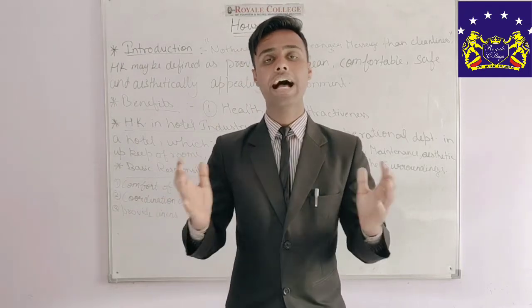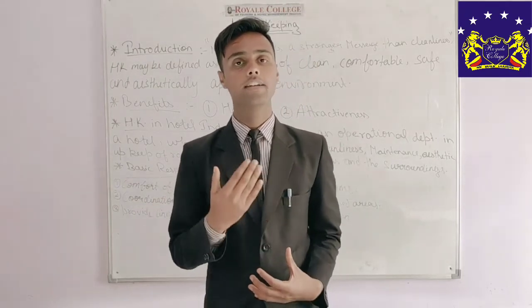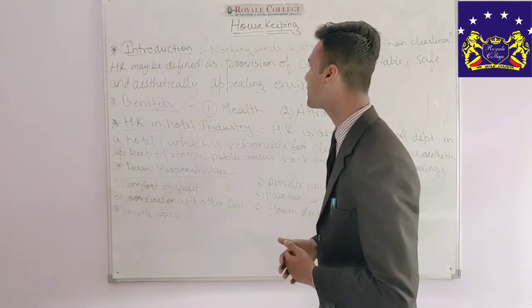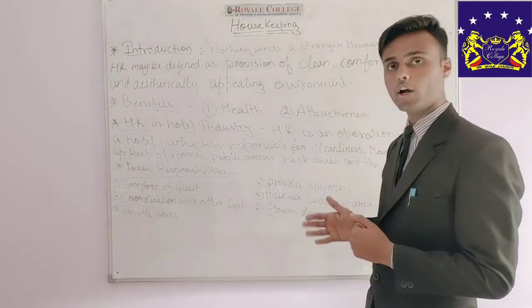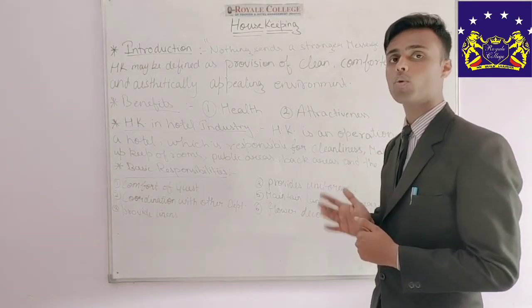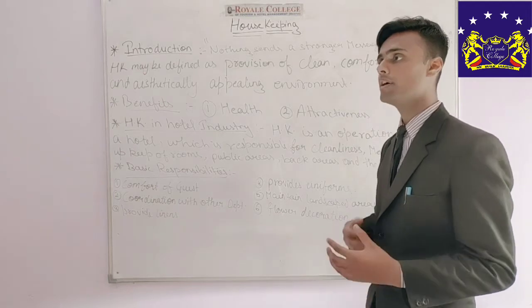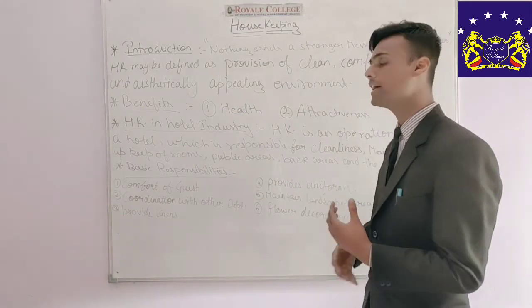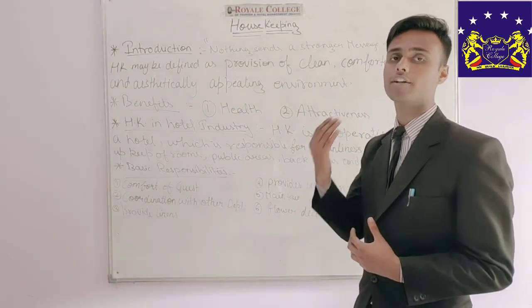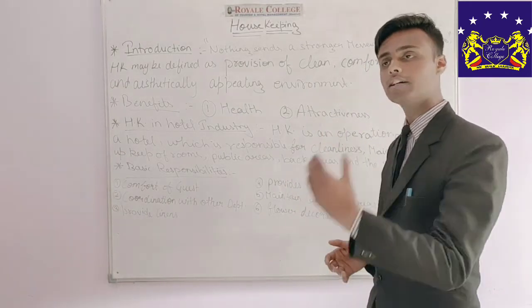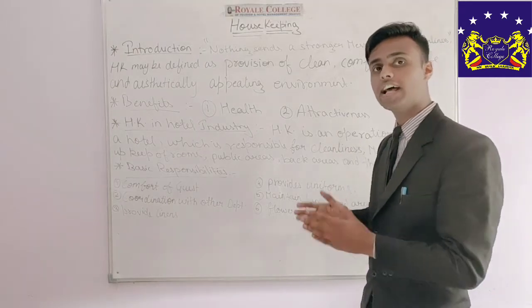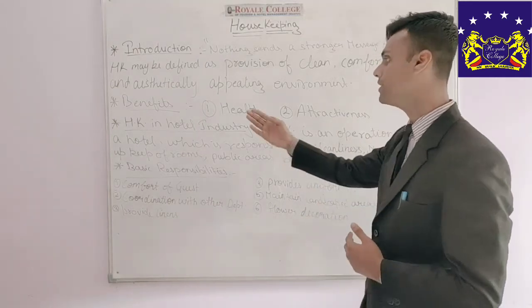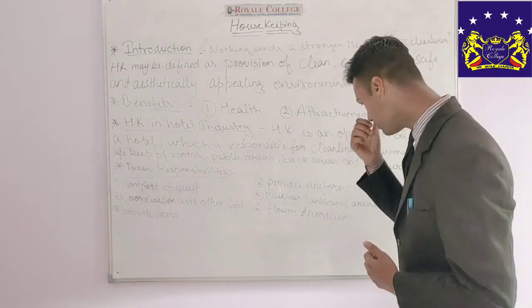Every department has their own uniform, and the housekeeping department is responsible to wash all the uniforms and provide new uniforms if they are tattered. If they are lost, they will provide a new dress to the other departments of the hotel as well as for themselves, I mean the housekeeping department.